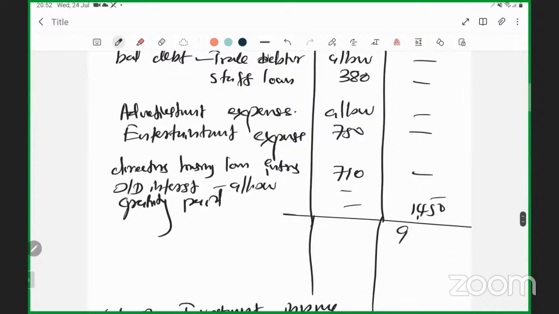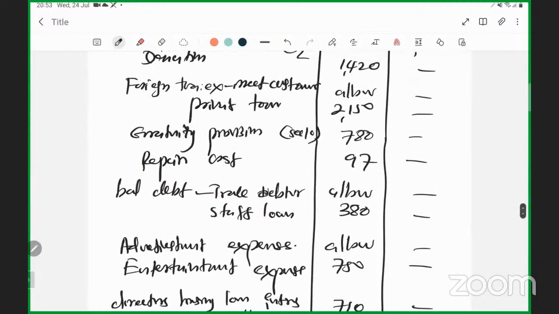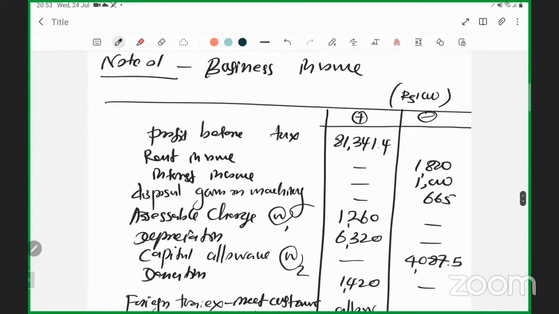So in the minus column, 9,002.5. Am I correct? Please double check those answers.